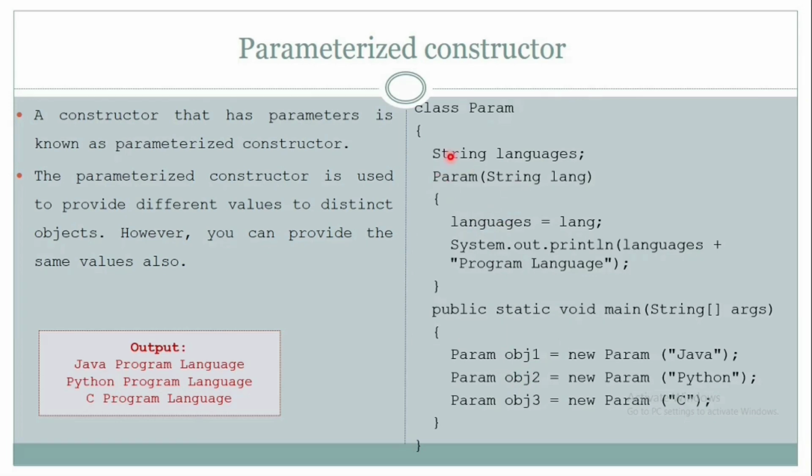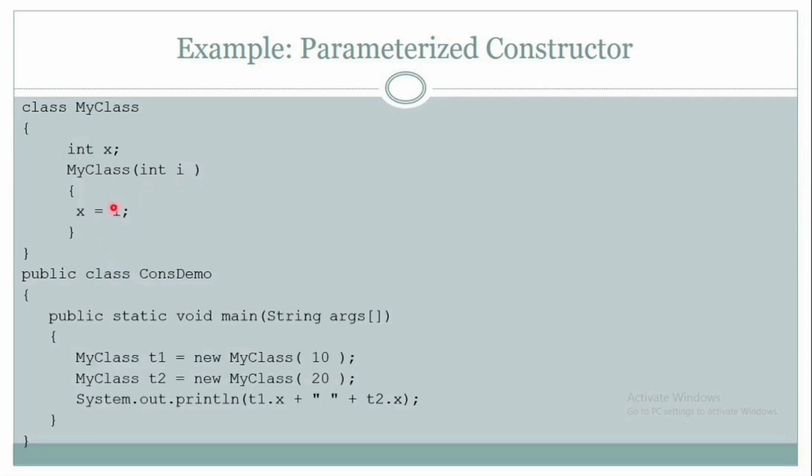We'll learn one more example on parameterized constructor. I've just created a class called MyClass, and here is an instance variable, and here is a constructor. As you can see, the constructor name is the same as the class name, and the constructor is initializing the values of data members. Some parameter is passed, so this is called a parameterized constructor.